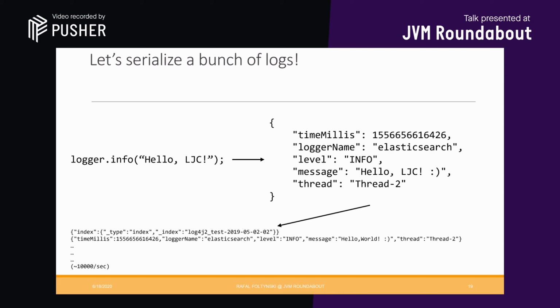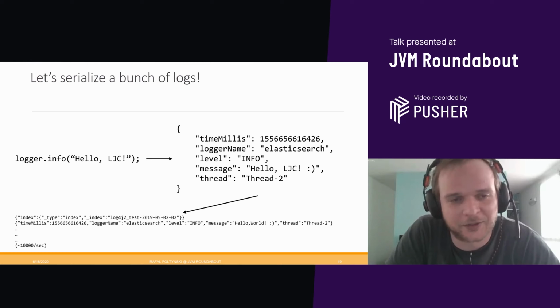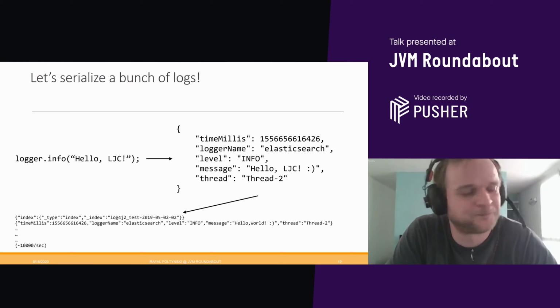The approach where the initial log event is serialized to a JSON string, and the resulting bulk containing 10,000 JSONs like these, plus the metadata for Elasticsearch, eventually creates a humongous string on your heap.